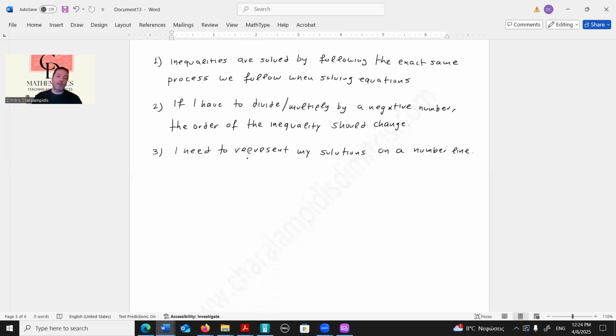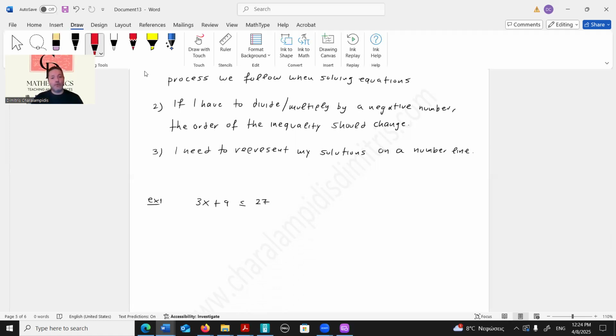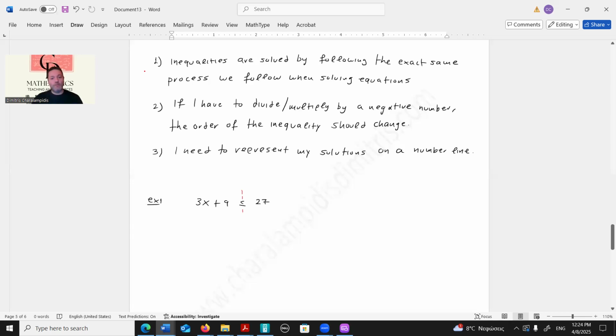Let's work some examples. 3x plus 9 smaller or equal than 27. Again, like in the equations, I will visualize a line that can act as a natural boundary between the left side and the right side.